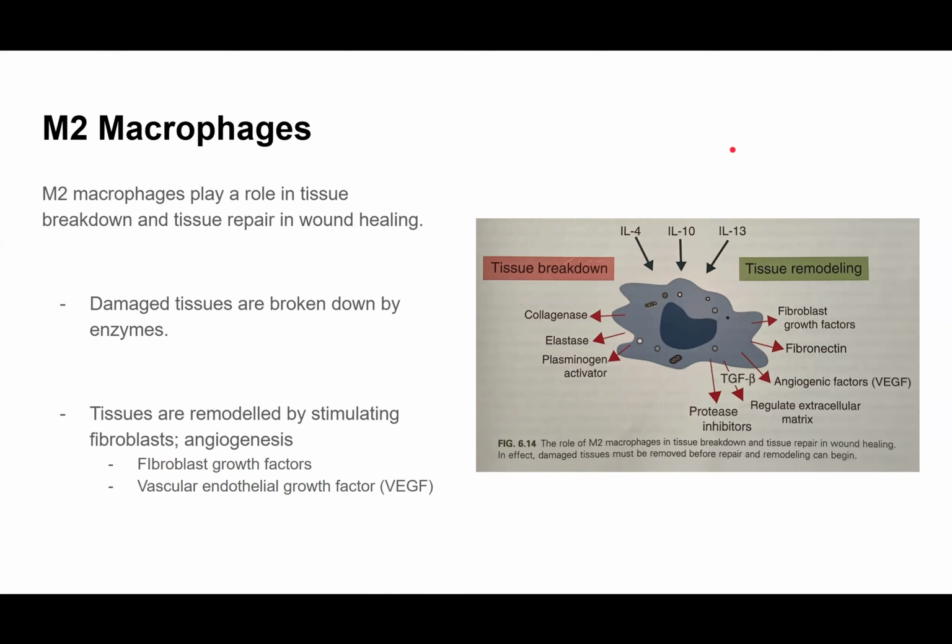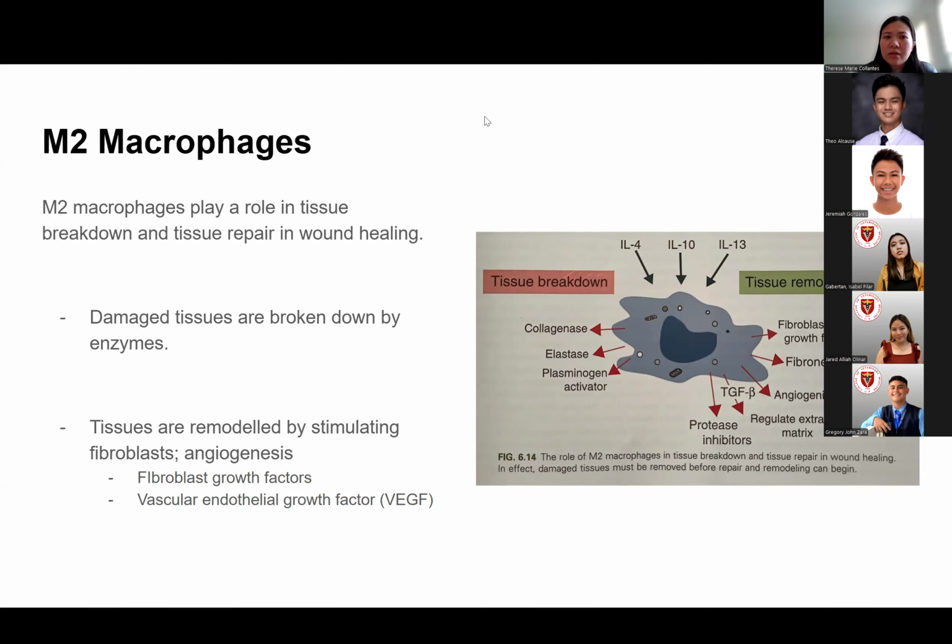Okay. So, when it comes to the role of the M2 macrophages in tissue remodeling, at this point this is the cleanup stage as well, and the repair stage. Once the macrophage has cleaned up the damaged tissue, it will also clean up the dead cells, the neutrophils, for example.